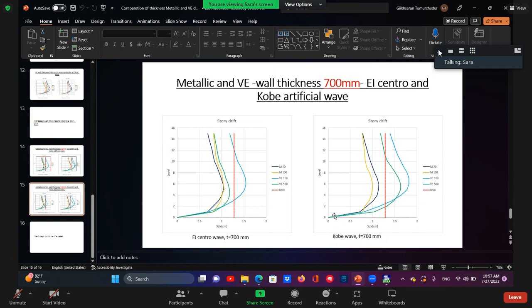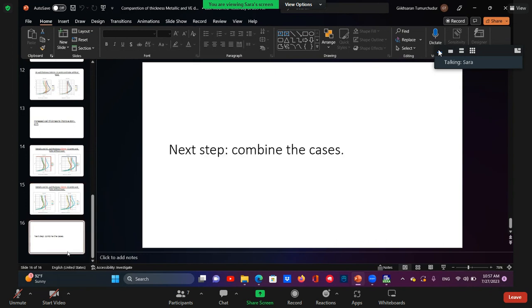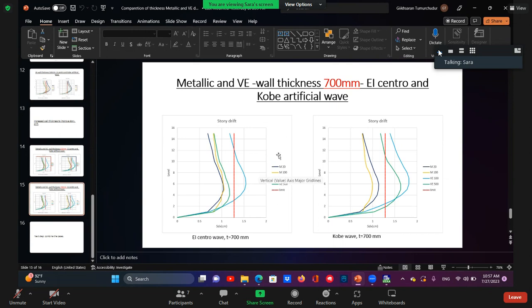Metallic is okay. And the next step is combinations of metallic and viscoelastic damper.